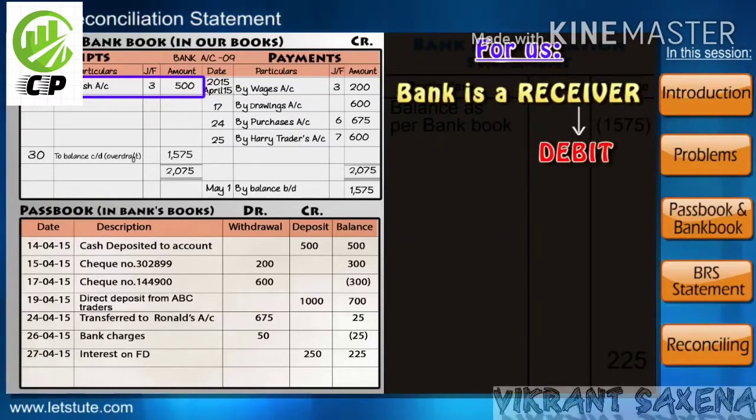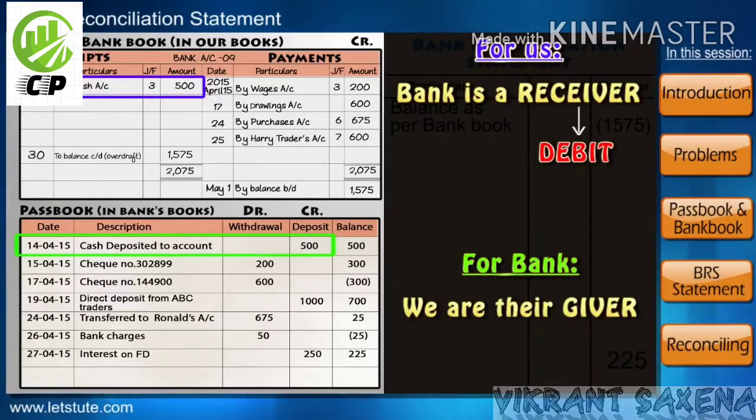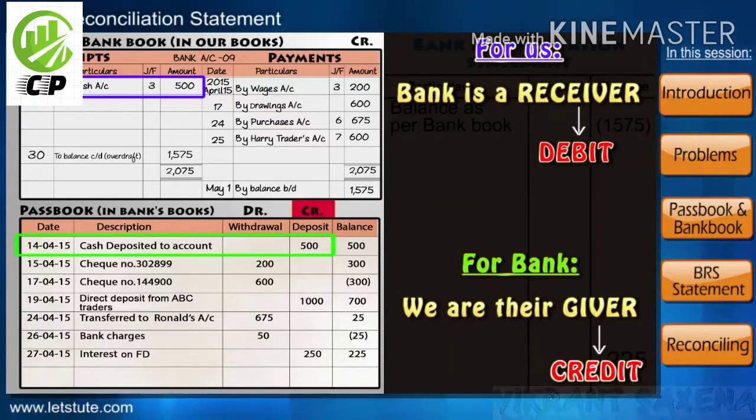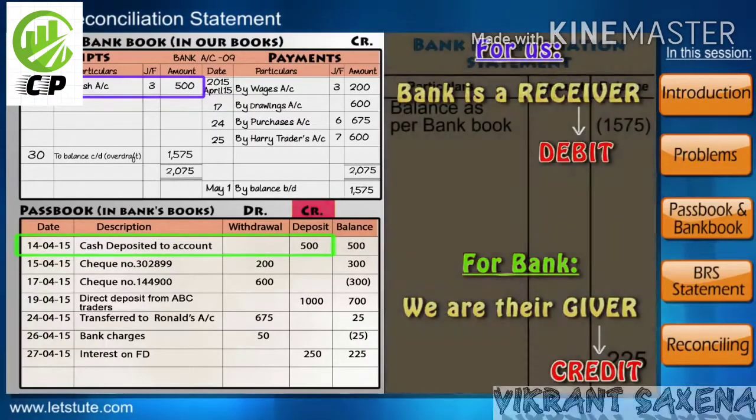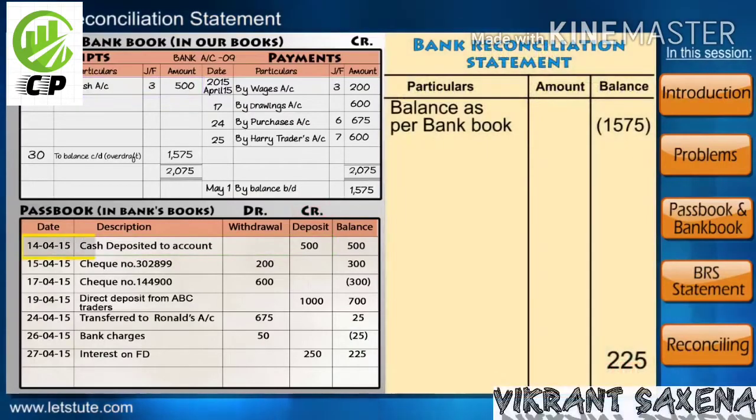So we debit bank as we debit the receiver. But from bank's point of view, they are givers. So they credit our account. Credit the giver.